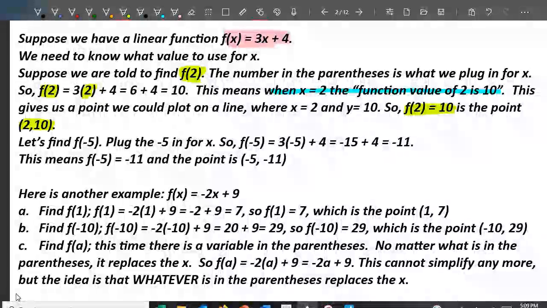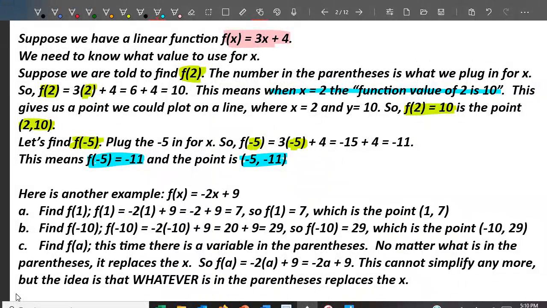Let's find f of negative 5. We're going to plug negative 5 in everywhere the x is and simplify. We'll get negative 11. That means f of negative 5 equals negative 11, or the function value at negative 5 is equal to negative 11. And that also gives me a point I could plot. I'm not necessarily concerned about the points, but we could plot these if we knew them.